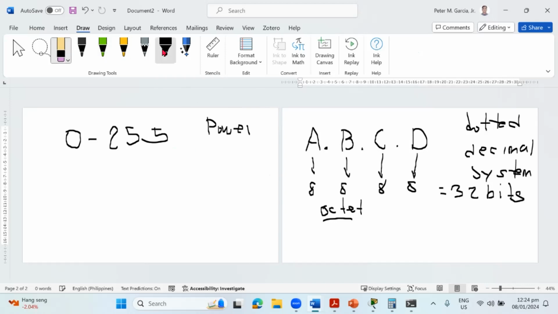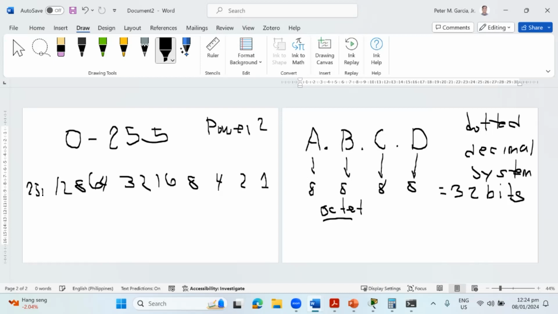Or mas simple, in layman's terms, that is 1, 1 plus 1 is 2, 2 plus 2 is 4, 4 plus 4 is 8, 8 plus 8 is 16, 16 plus 16 is 32, 32 plus 32 is 64, and 64 plus 64 is 128. 128 plus 128, that is 256, diba? 256 plus 256, 512, so on and so forth.